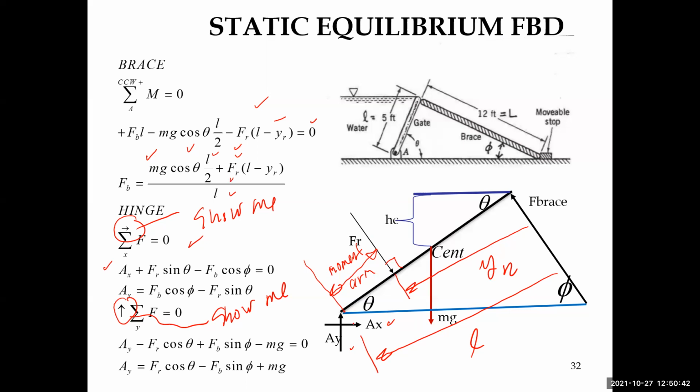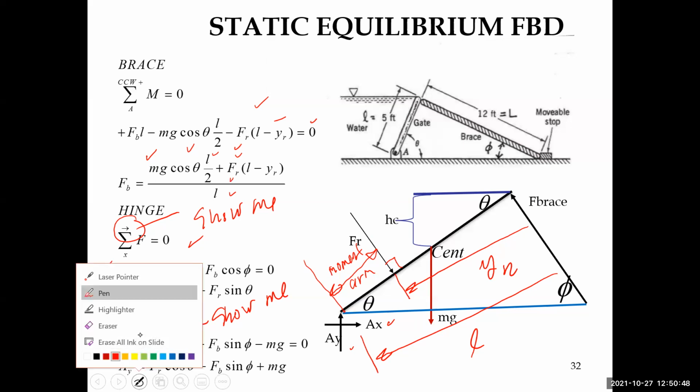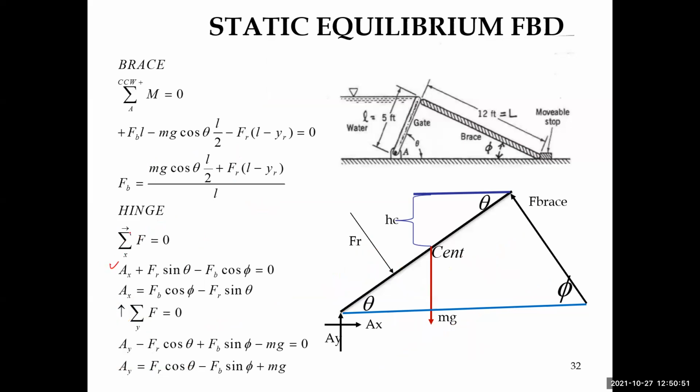Now I would have plus A_X plus F sub R times the sine of theta. I must break this force up into X components and Y components. I know that this angle is the same. So this force component here is F sub R times the sine of theta times the cosine of theta, and this component is F sub R times the sine of theta.